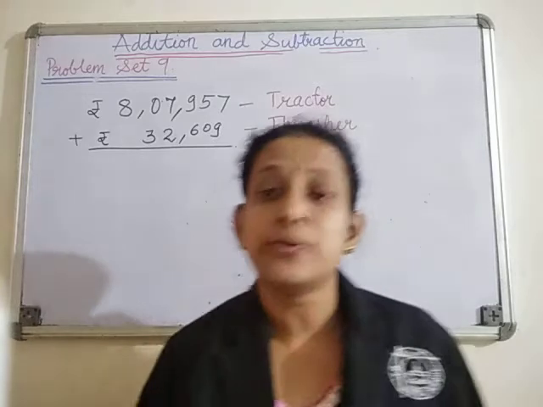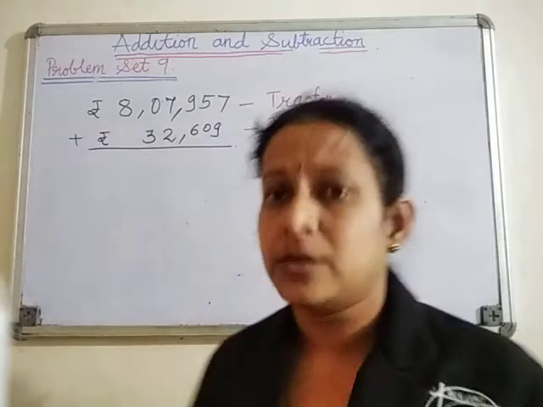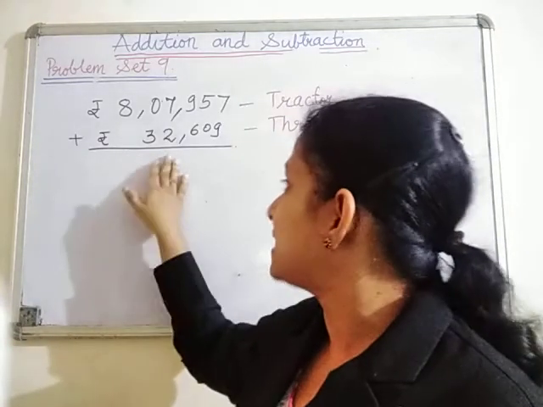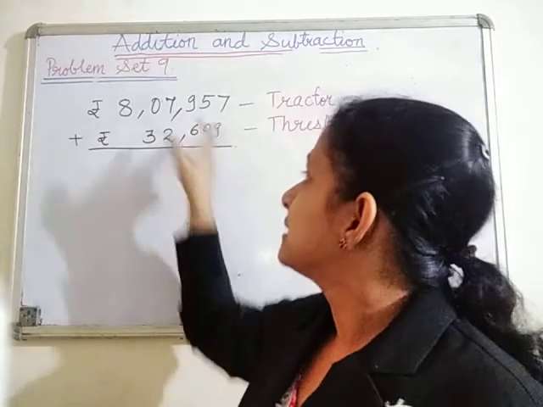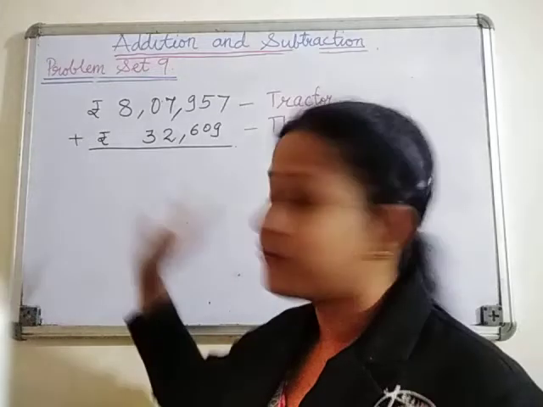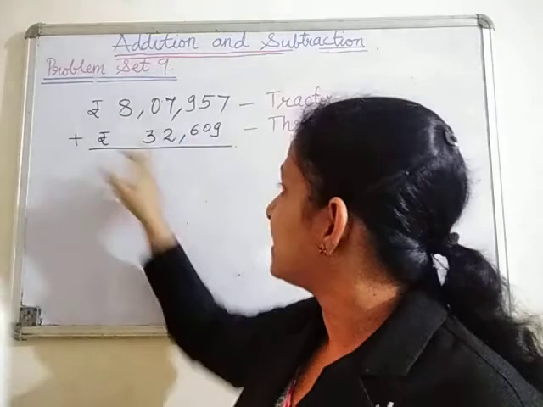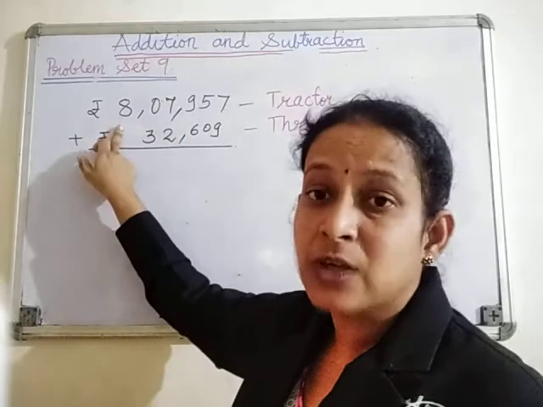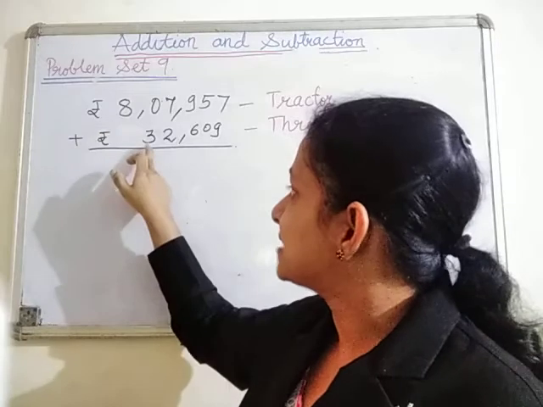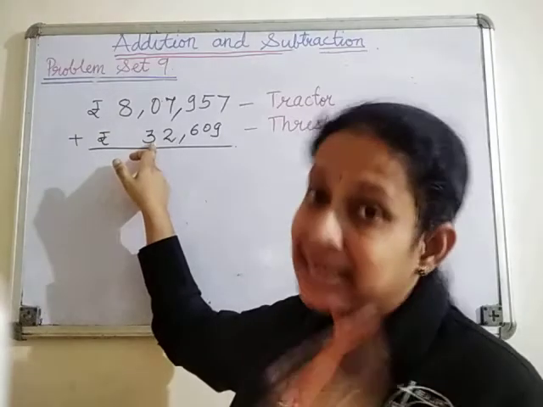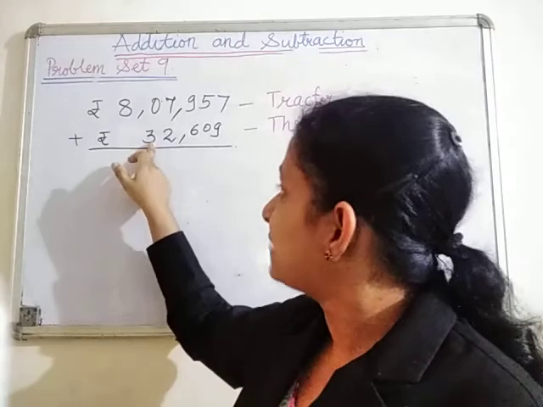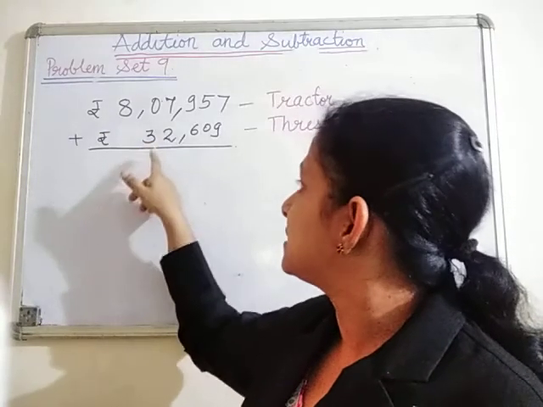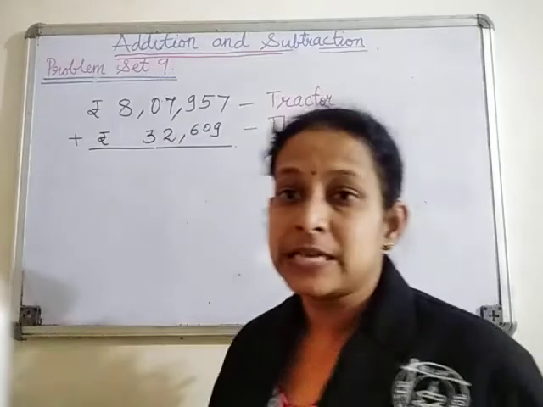So whenever you are doing addition or subtraction, you will always have to place the digits in their places only, one below the other. Never write 32 here or 3 below 8, because 8 is in the lakh place, whereas 3 is in the 10,000 place. That is why you have to write all these digits according to their place names.